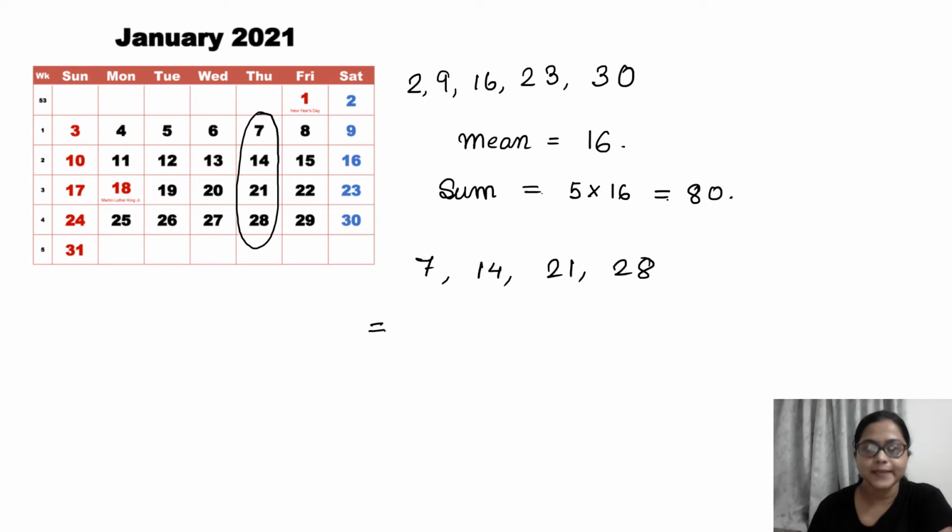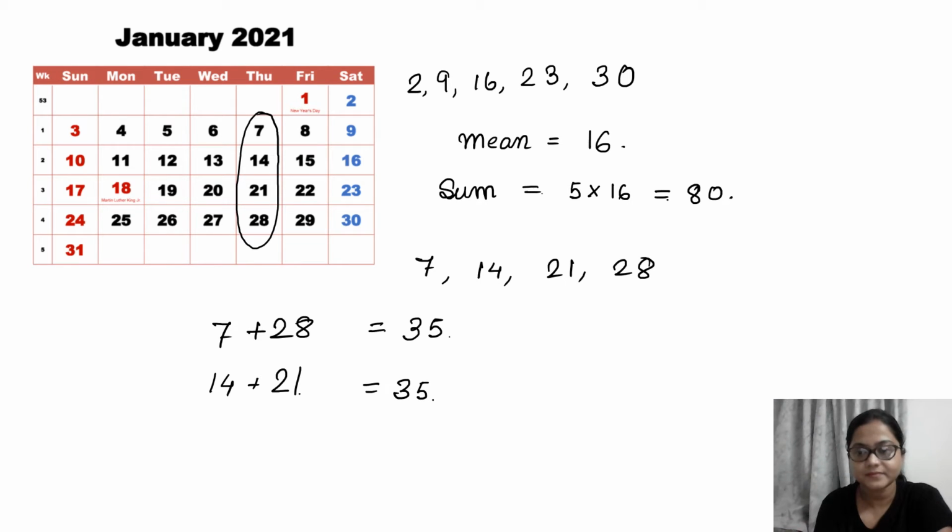How? See, if we add 7 and 28, we get 35. Again, 14 plus 21, that means equally positioned numbers, if I add, then we get 35, the same sum. Now, how many 35s are there in this column? Adding these 2, we are getting 35.